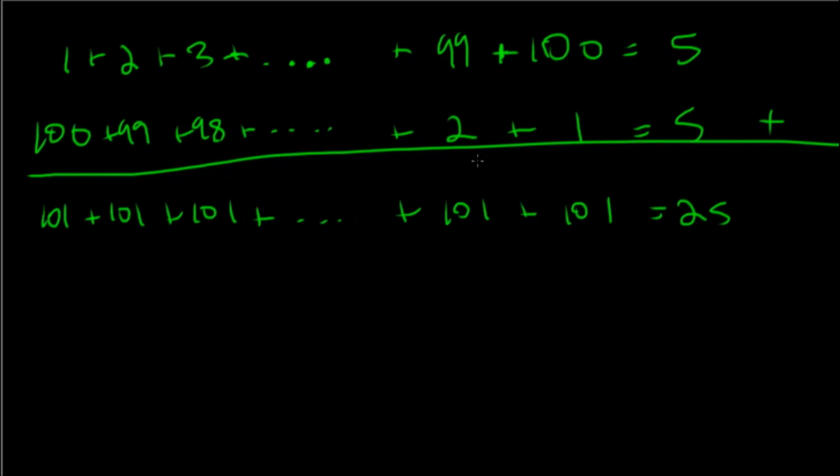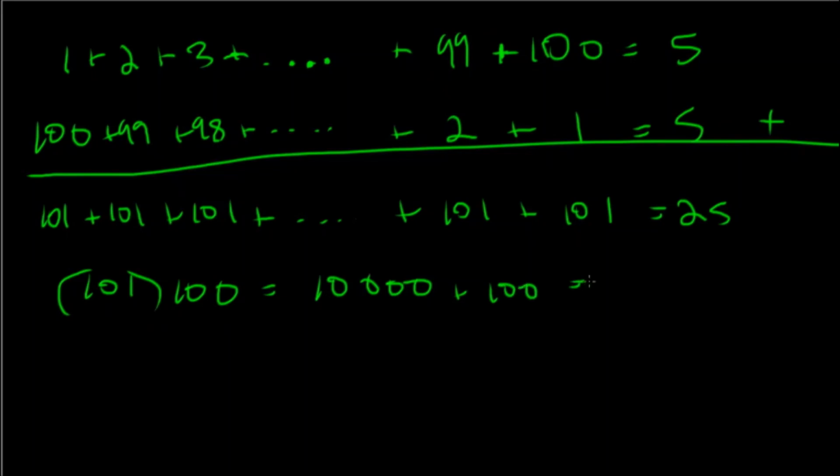So he determined very quickly that the sum of the numbers 1 to 100 is half the sum of the numbers 1 through 100 twice, and the numbers 1 through 100 twice is just 101 times, well, how many of these are there? There are 100 of them. There's 1, 2, 3, 4, all the way up to 100. So 101 times 100, and he was able to do that really quickly. 100 times 100 is 10,000, and then he has one extra 100.